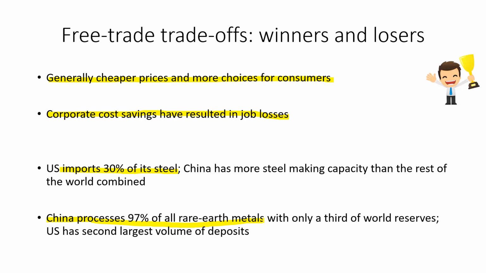So, an extremely important market here. China processes 97% of all the rare earth metals in the world, but it only has a third of the world reserves. The United States has the second largest volume of deposits. I think at last look, approximately 30% of all the rare earth metals deposits in the world are in the United States. But look at this difference.